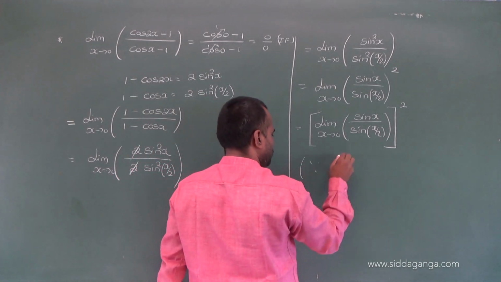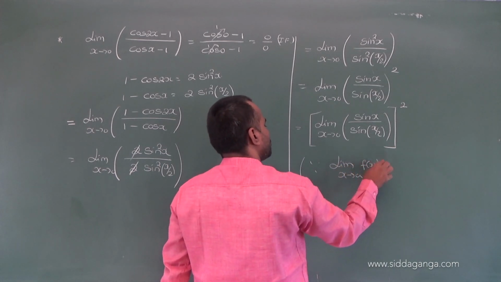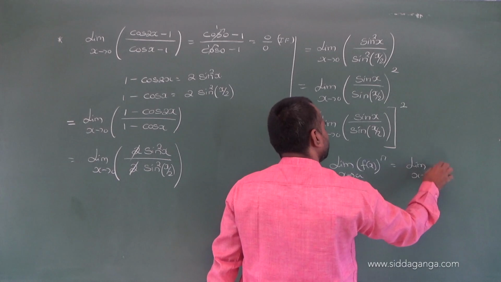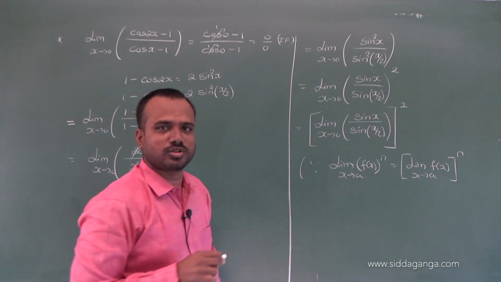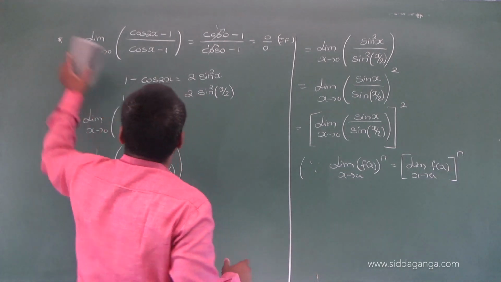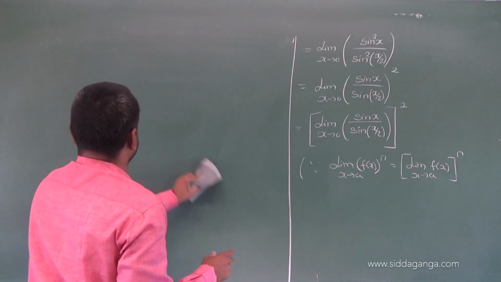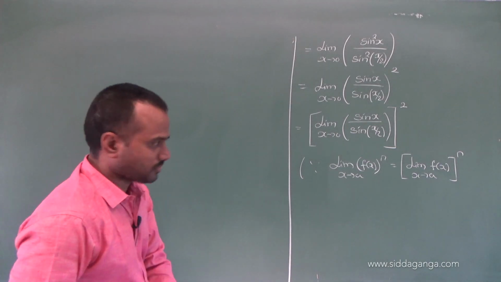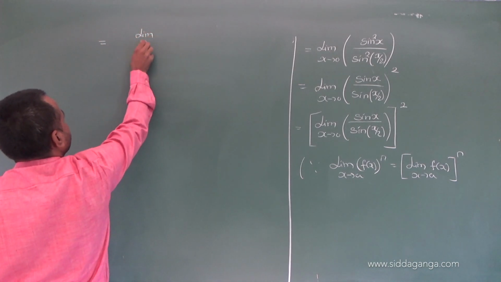Algebra of limit: one property I discussed. If you do not remember, see this problem. Limit x tends to a, f of x to the power n, equals limit f of x whole to the power n, same right. Next step. That is equal to, I apply separate limit.